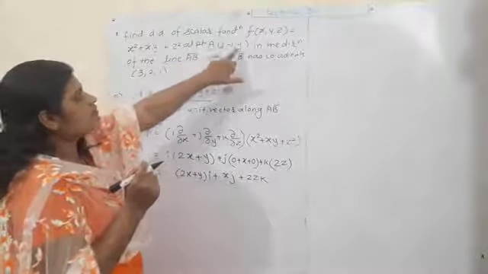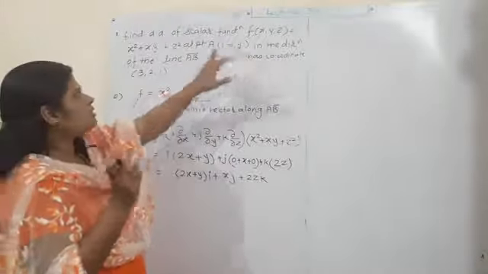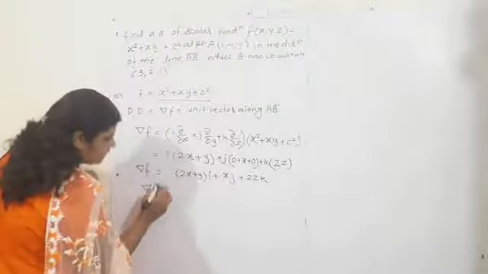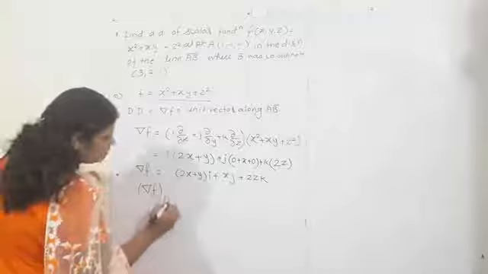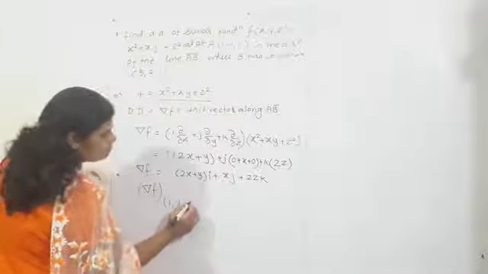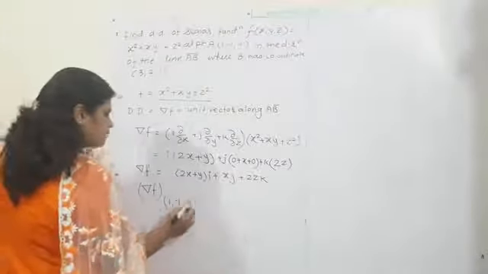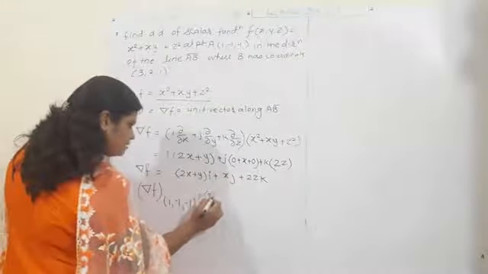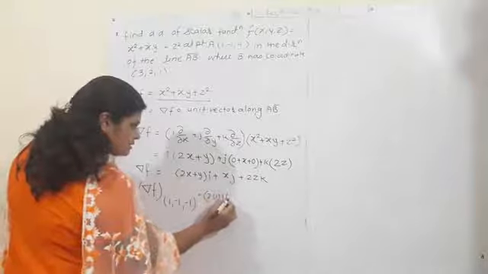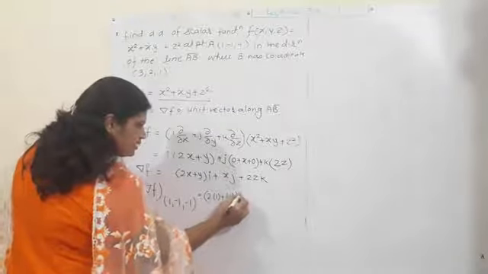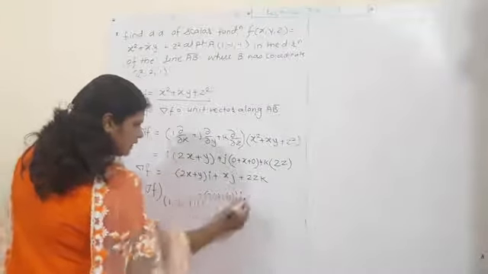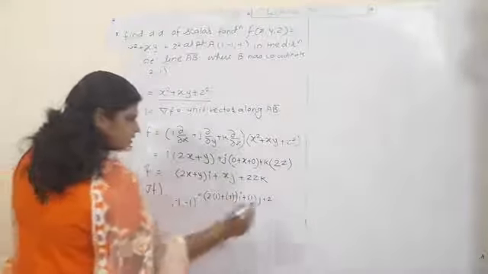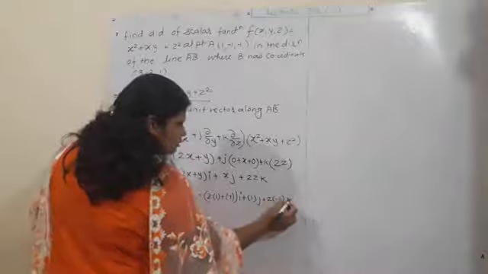Now we have to calculate the directional derivative at the given point (1, -1, -1). We have to find the value of grad f at the given point, so we put x equals 1, y equals -1 and z equals -1. This gives 2 into 1 plus (-1) into i, plus 1 into j, plus 2 into (-1) into k.